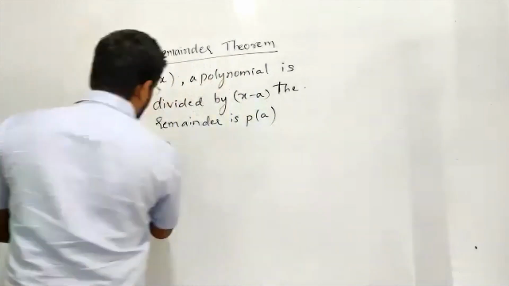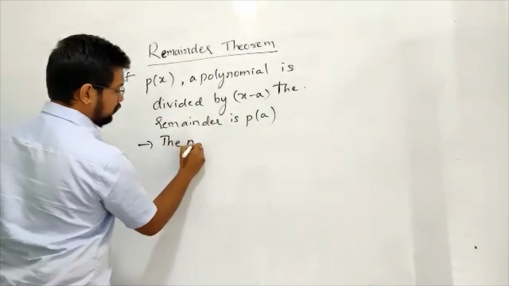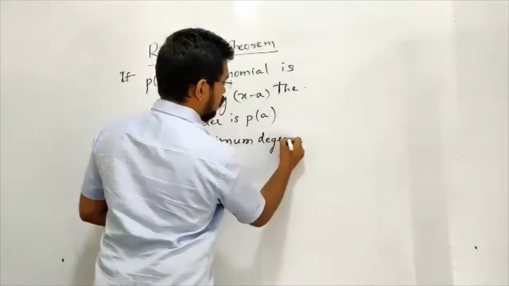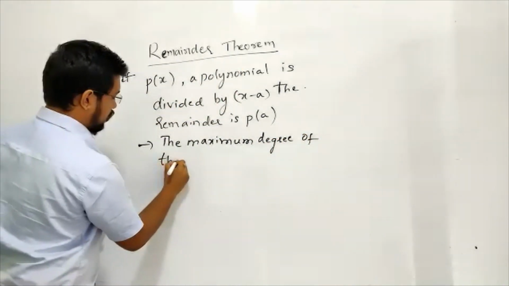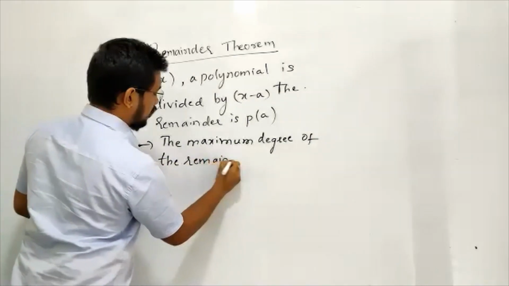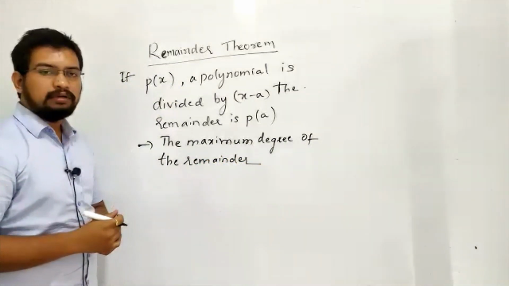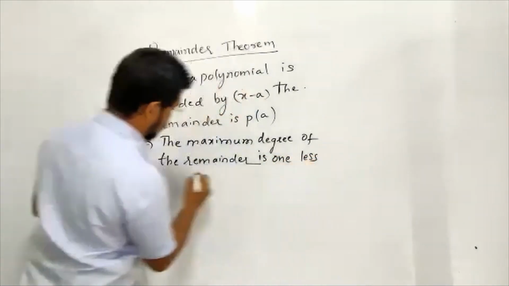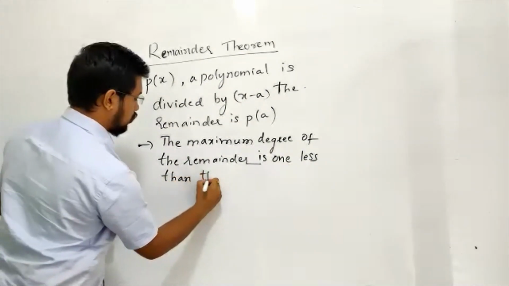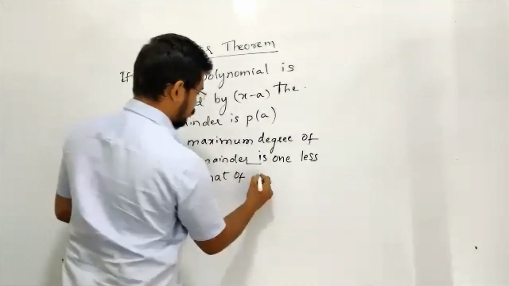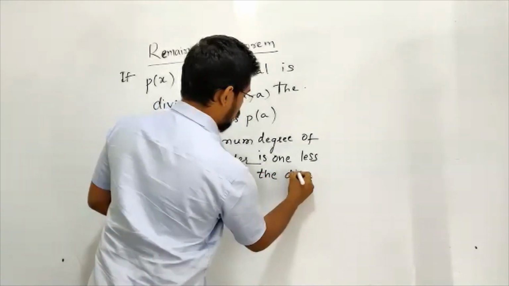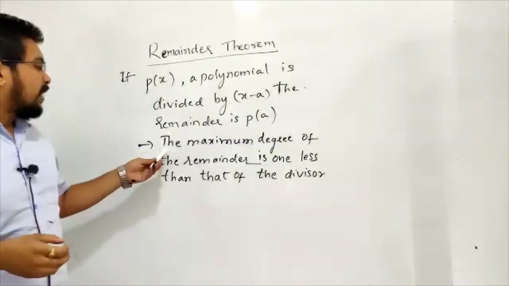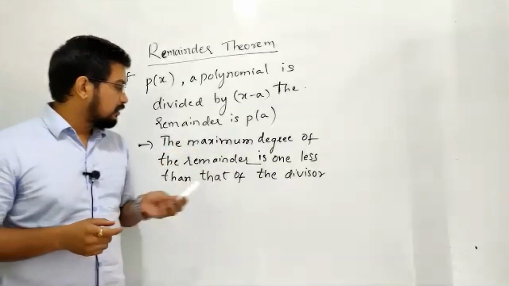Next, a note I'll write is that the maximum degree of the remainder is 1 less than that of the divisor.